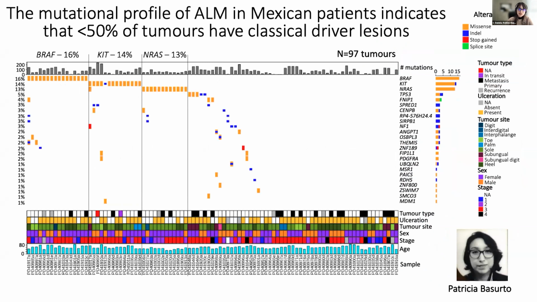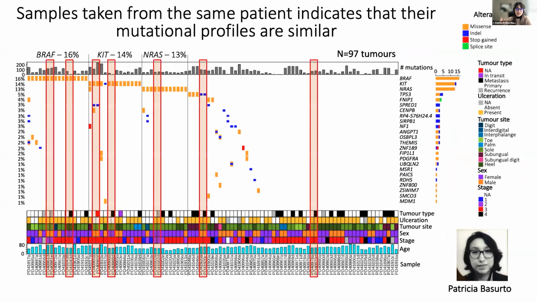We also see, as we have some patients with more than one sample, that their mutational profiles are similar, but in some cases we find differences, which may indicate mutations that are important for progression or for colonizing other tissues, for example, but this is still something we're looking at.